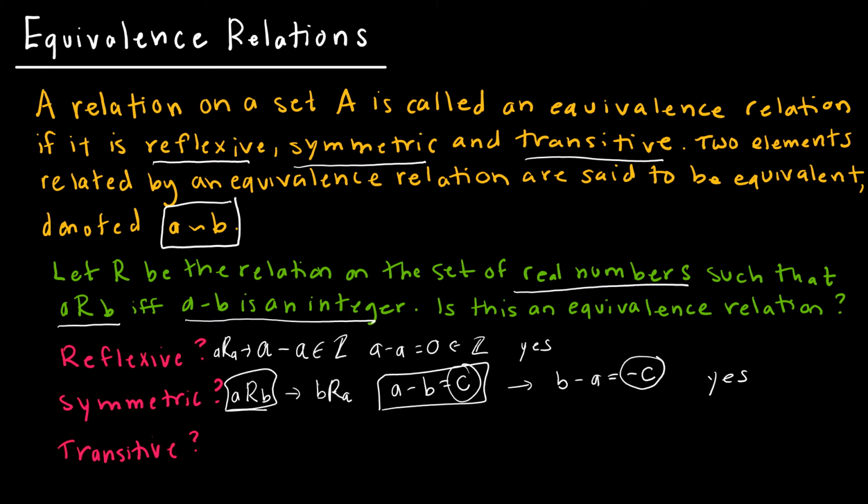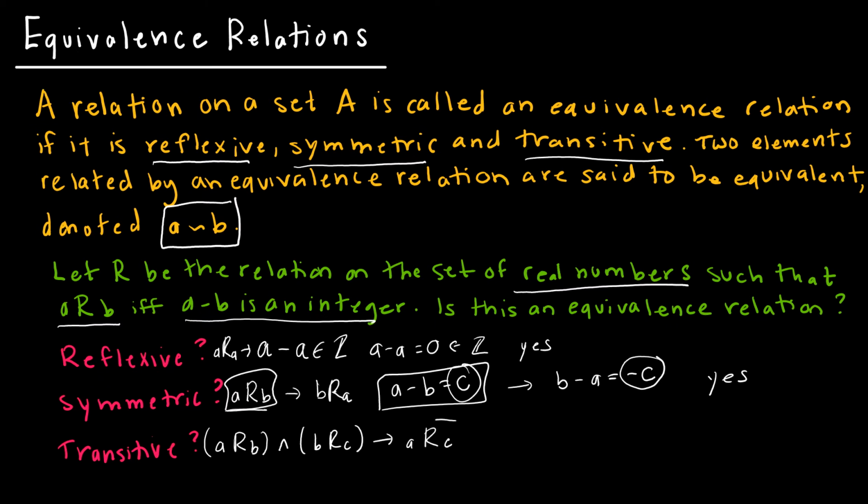So now let's look at the last one. Is it transitive? That's the hardest one. And that one again says if A is related to B and B is related to C, it implies that A is related to C. Oops, I think I used an A here on accident. So the question is, is that true?